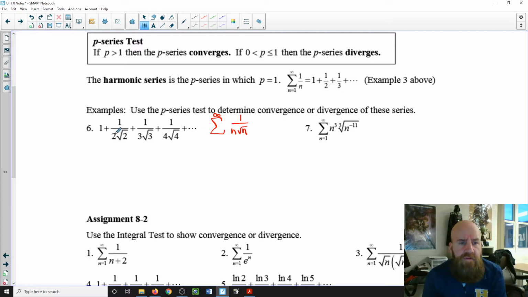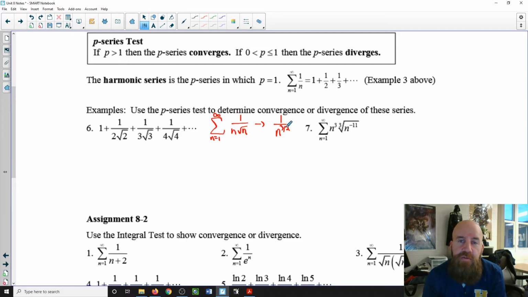Each time we're plugging in n, we get these values. So if we rewrite this, starting with 1, we could see that that fraction would actually be 1 over n to the 3 halves, because that's going to be a half power and a 1 power.